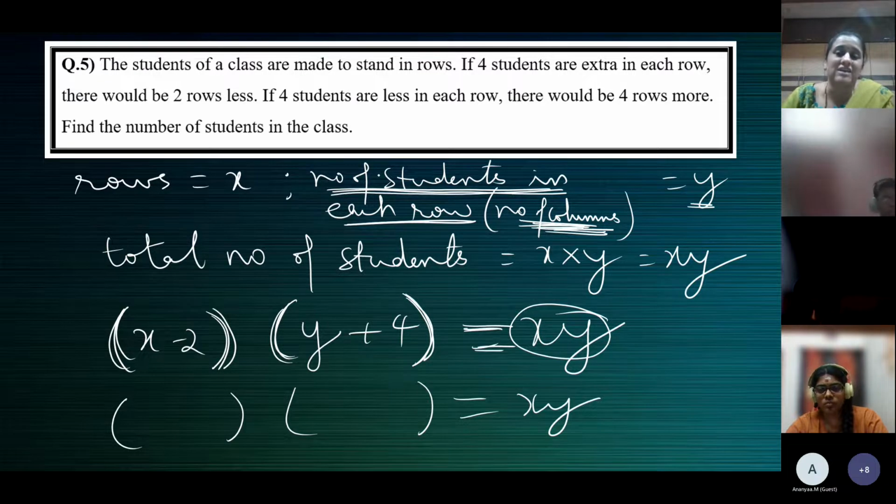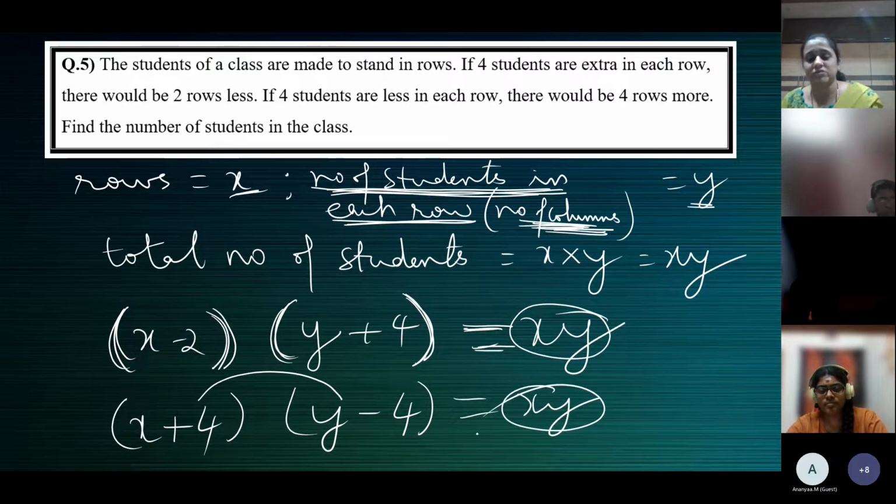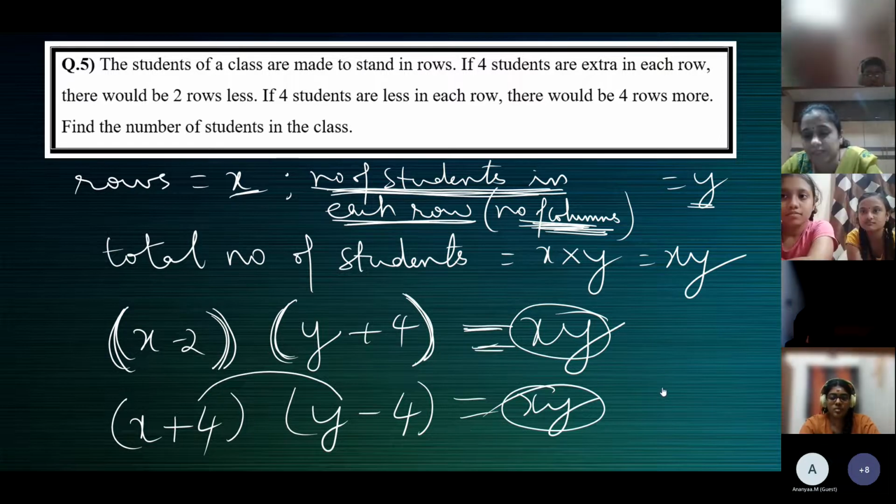If 4 students are less in each row, there would be 4 rows more. How many rows? X. There will be 4 rows more. Number of rows into number of columns is equal to the same number of students, XY. Am I clear, children? Yes, ma'am.